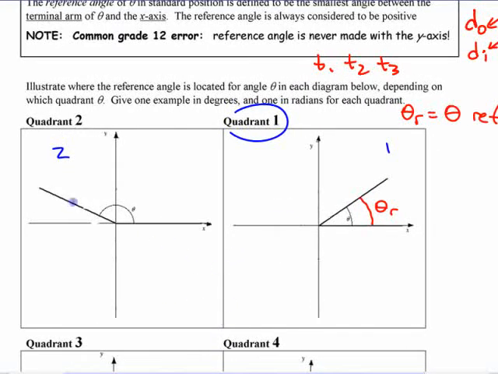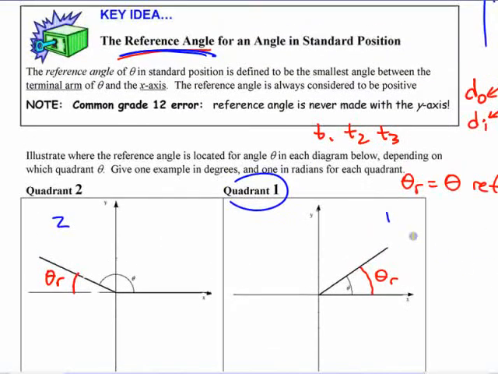For quadrant 2, the reference angle is in there. It's always with the x-axis. I wrote that up here for you, and perhaps you might want to copy it: the smallest angle between the terminal arm and the x-axis. Reference angle is always considered to be positive. That's a good thing to notice.